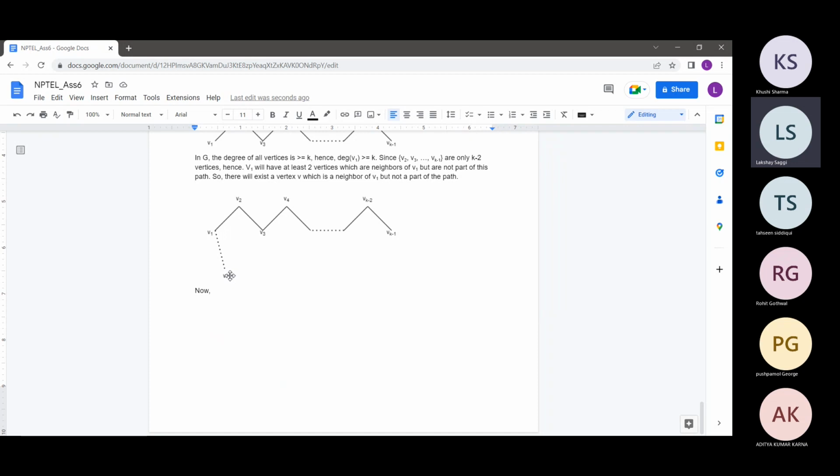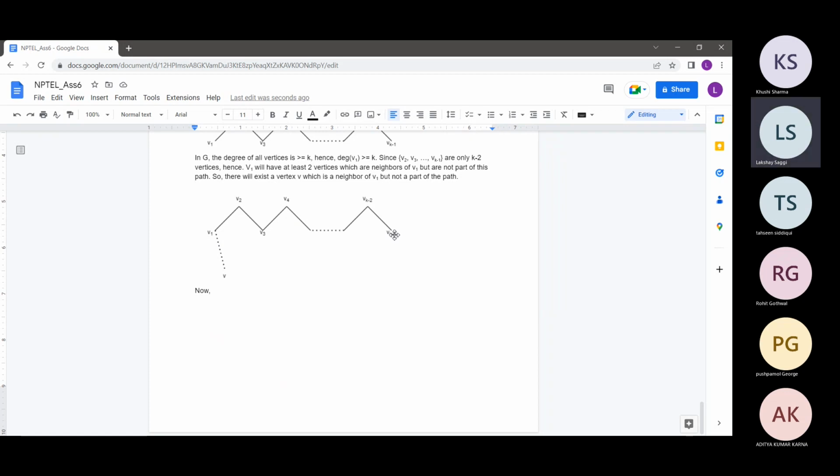So basically the overview is that after adding this edge, I still get a path, and the length of this path is one more than the original path which I took, V1 to Vk minus 1. But this original path, I assumed it to be the longest path. Yet I have now obtained a longer path in this graph, from V to Vk minus 1.